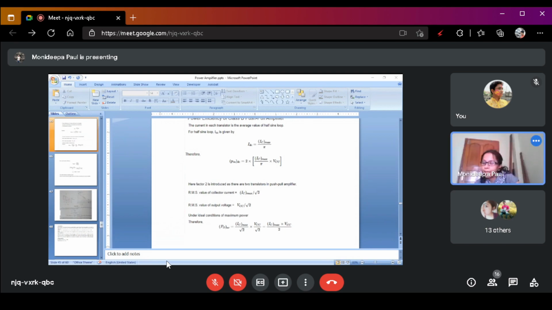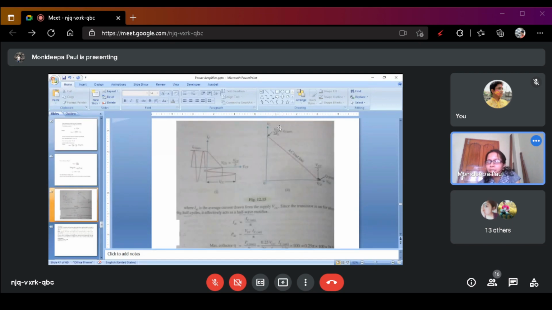Here you see resistance is given, voltage is given, but what is the formula of power? Voltage into current. So current is not given. So first find out the current. How do you find out the current? Here I have already told that the current is VCC by 2 into RL.